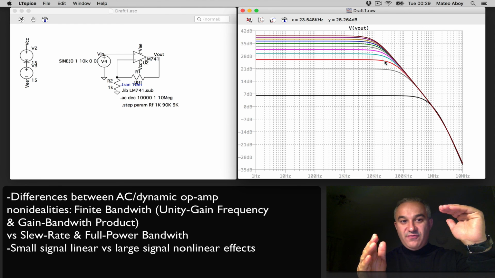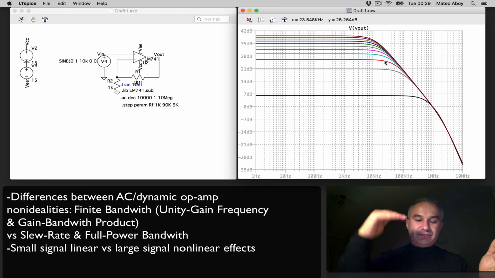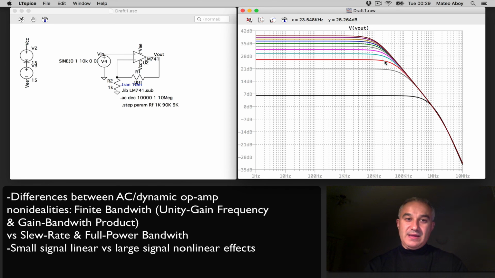And that roll-off depends on this unity gain frequency that you can see in the datasheet, the frequency at which the gain of the operational amplifier is unity. As you increase the gain, you are decreasing that frequency. It is a limitation that is independent of the output voltage.